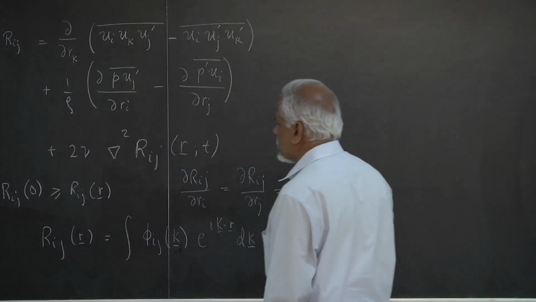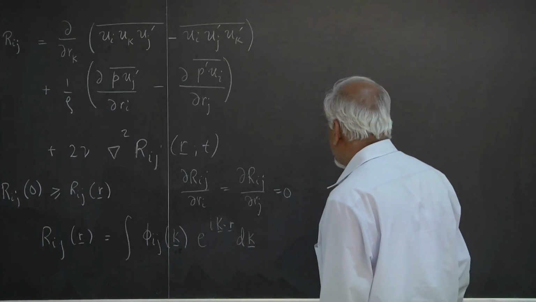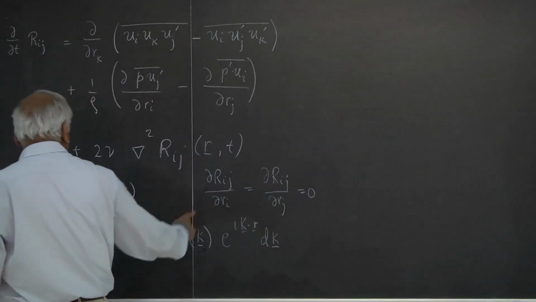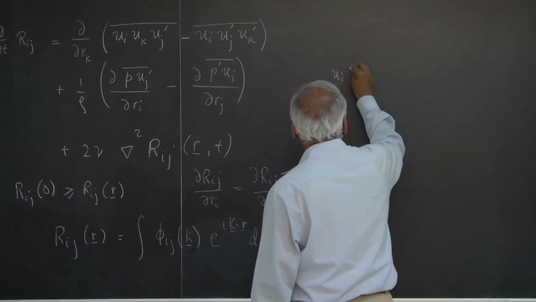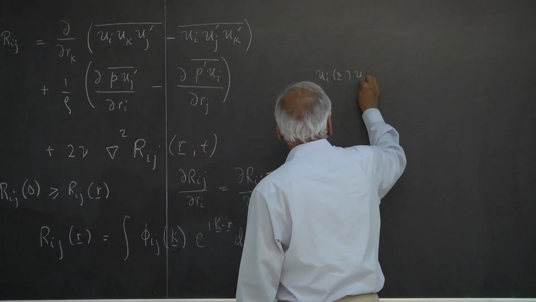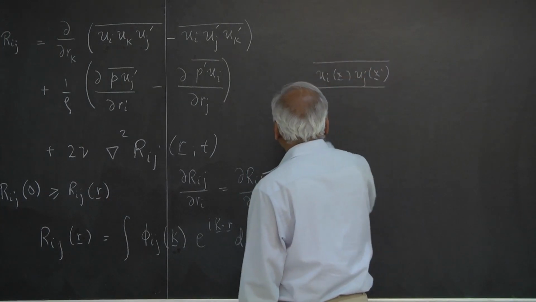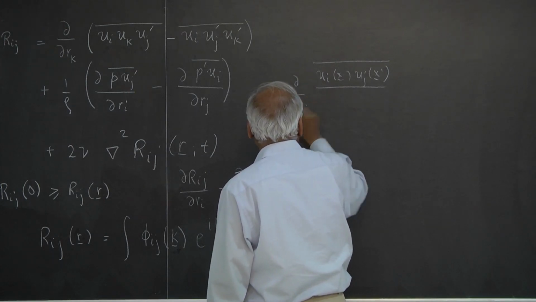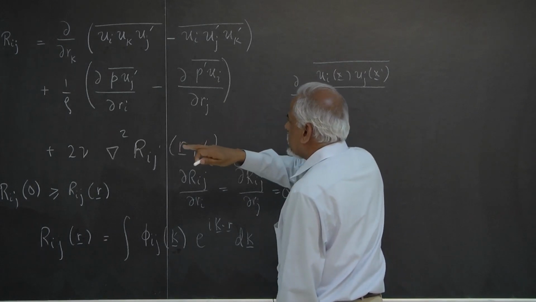Although all of this is not necessary for us, because I'm only looking at a higher level, it's useful for you to know how this comes about. So I have Rij is ui at x, uj at x prime, averaged, and you want to take d by d ri of that, and d by d ri is related to d by dxi.